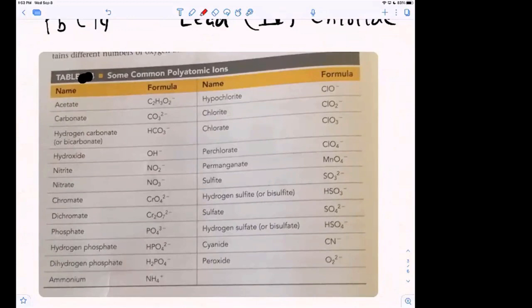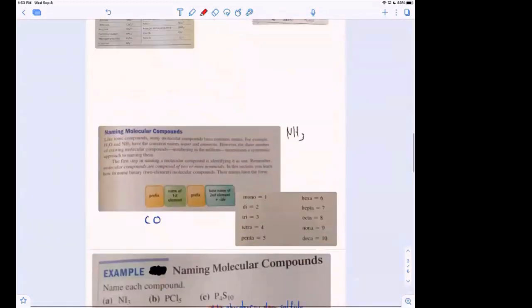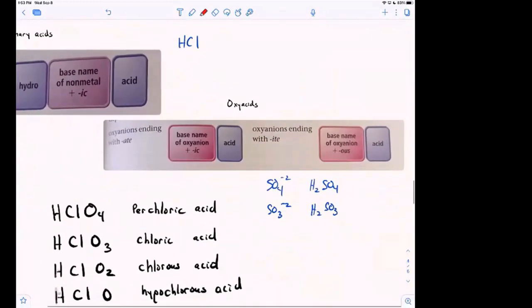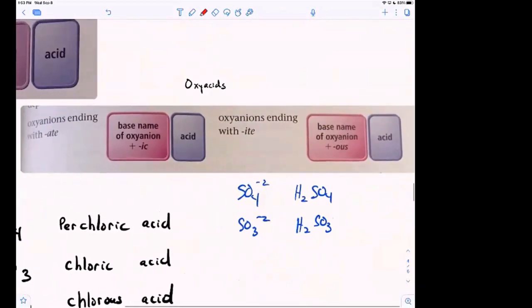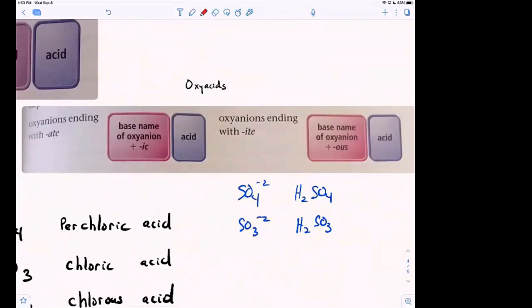So for instance, SO4 2-, that's the sulfate ion. So H2SO4 is sulfuric acid. And SO3 2-, that's sulfite. And so H2SO3 is sulfurous acid.